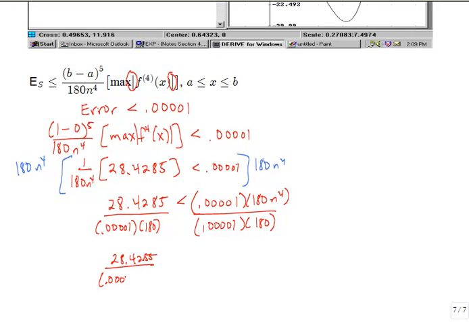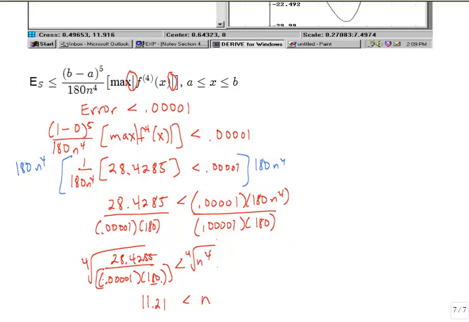To solve for n, what does it take to undo an n to the fourth, a fourth power? You need a fourth root. So I'm going to take the fourth root of both sides, and that'll give me my n. When you plug this into your calculator, the fourth root of 28.4285 all divided by 0.00001 times 180, that is about 11.21.